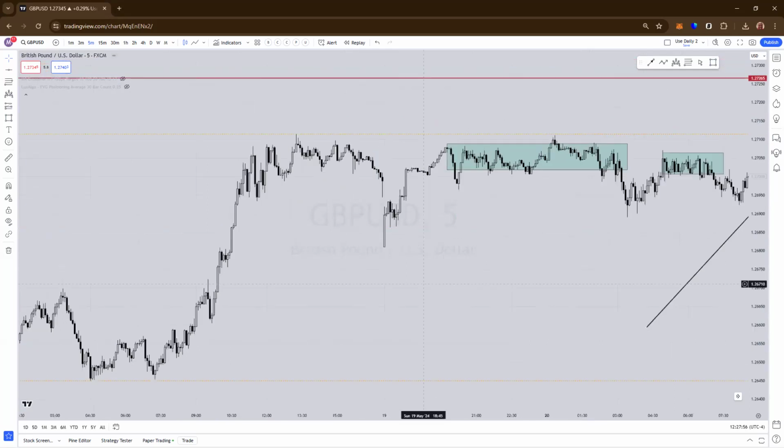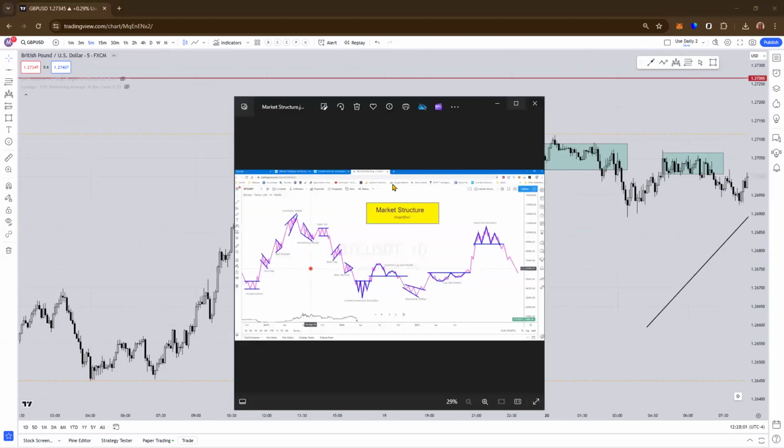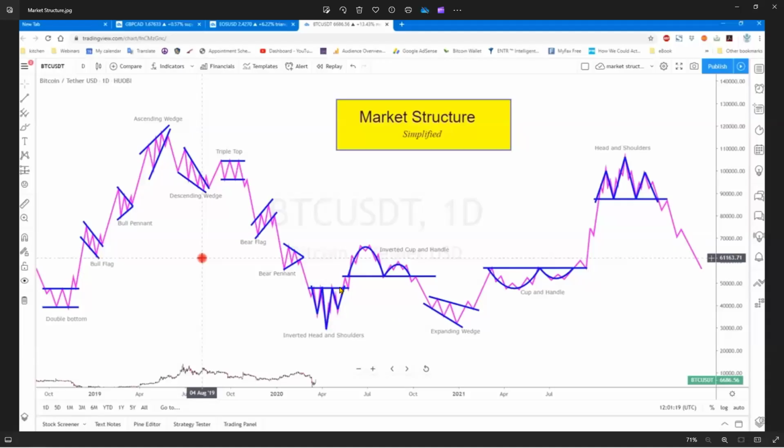So yeah, that's what I want to share with you guys today. So definitely use that diagram. I'll bring it back onto the screen. Put all this information to memory. Look for the inverted cup and handle, look for the cup and handle, look for the expanding wedge. It's all in a particular trend, whether you find it in an uptrend or the downtrend. This is what you need to study.